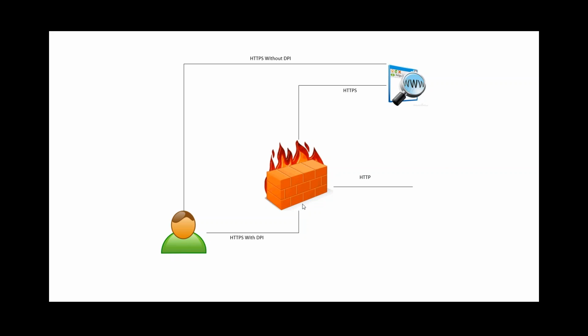We then decrypt the traffic back to HTTP, where we can then apply our HTTP proxy rules, so your web filtering, your application control, antivirus scanning, and everything else. We then create another tunnel, and that tunnel goes from the firewall to the web server. So as it leaves your perimeter, the traffic is still encrypted, so everything else across the internet can't see what's going on, which is secure.